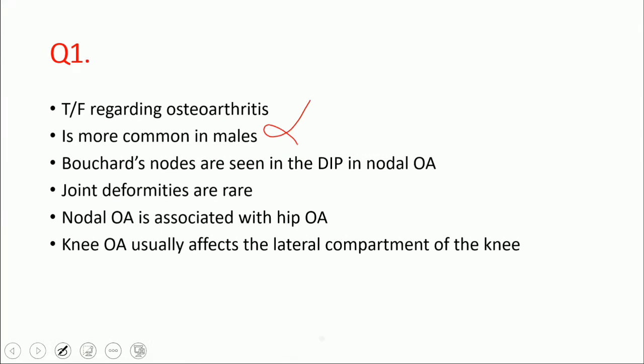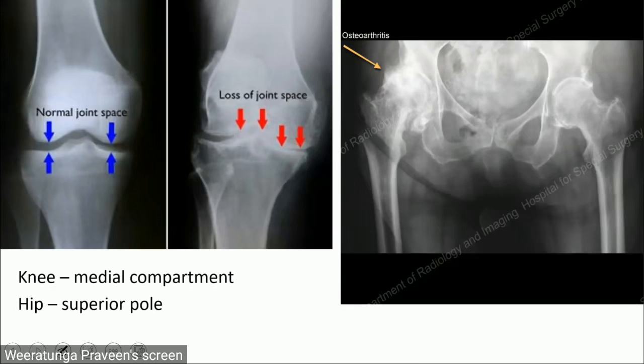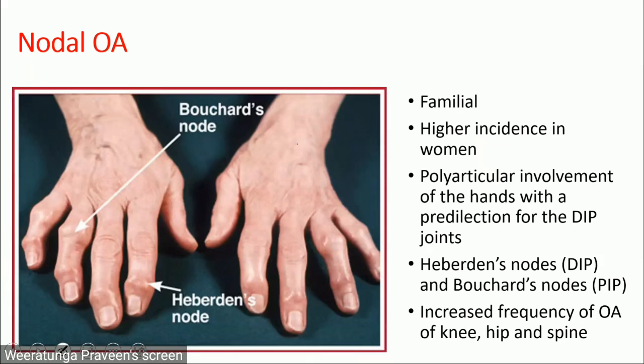Now, as I told you, you are able to clinically subtype osteoarthritis into generalized nodal, knee, and hip osteoarthritis. In nodal osteoarthritis, it's very common to find these nodes, and on examination you can easily detect them. Heberden's nodes occur in the distal interphalangeal joint, and Bouchard's nodes occur in the proximal interphalangeal joints.